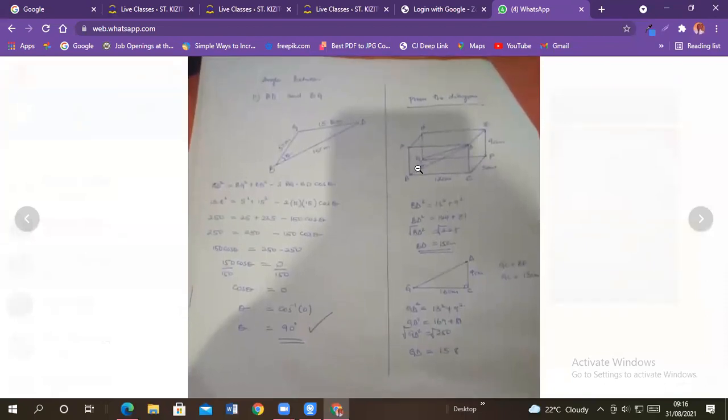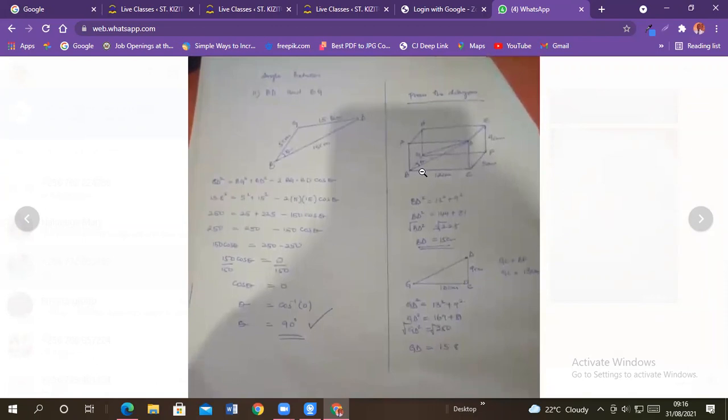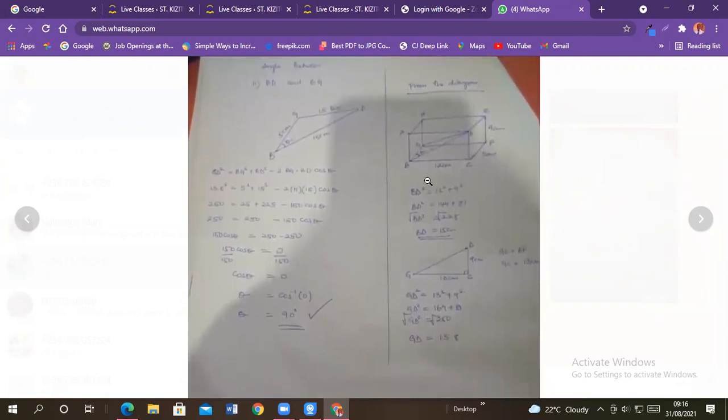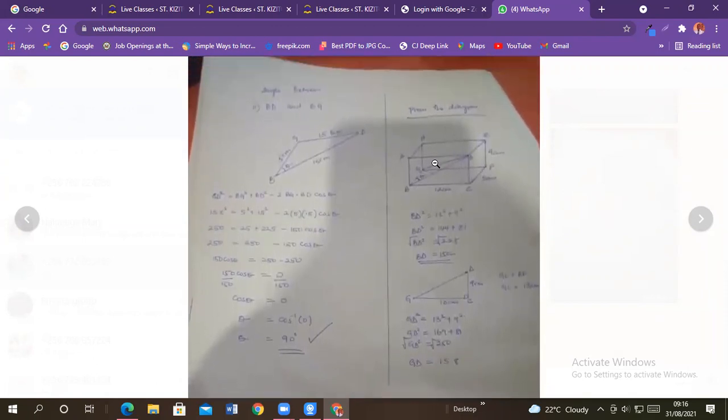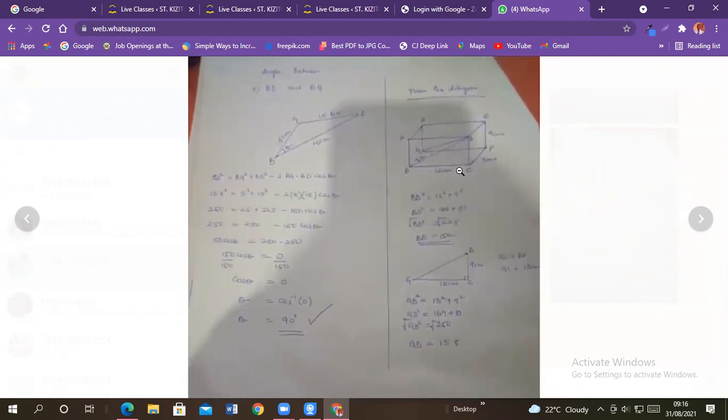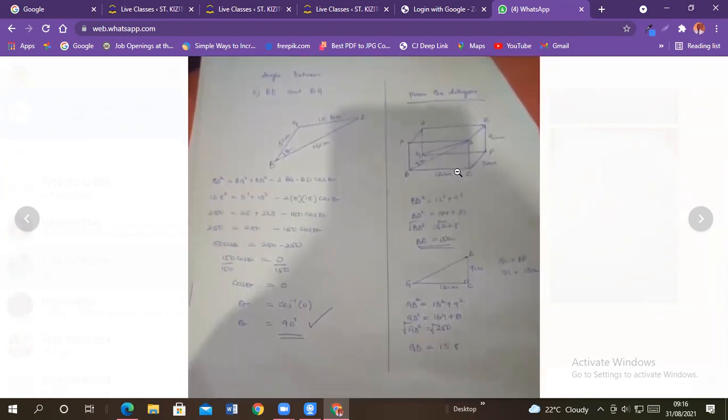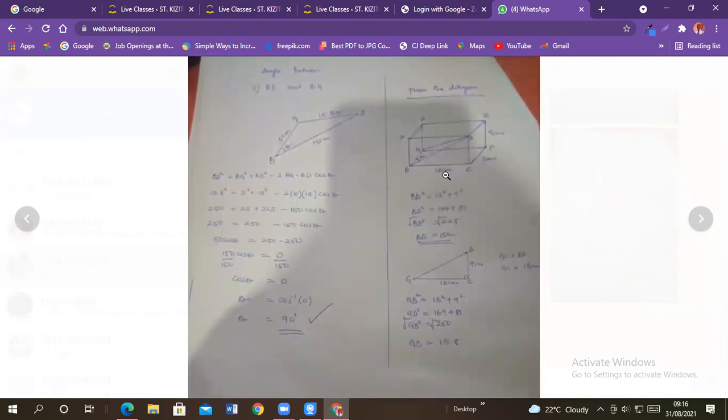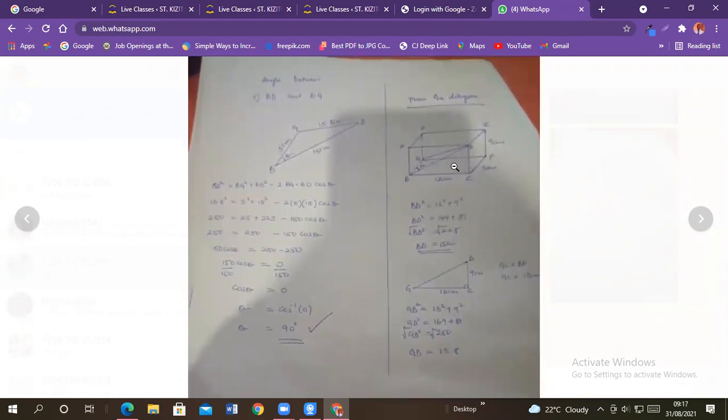Inside there, that's where you're supposed to find that angle. You had to get BD using that triangle BCD, the one inside with that diagonal.